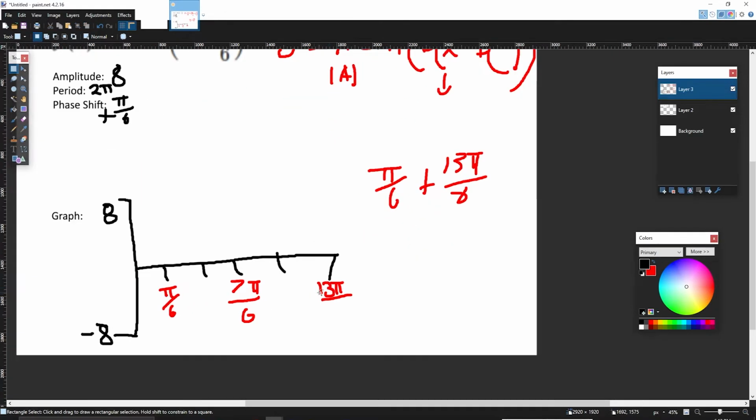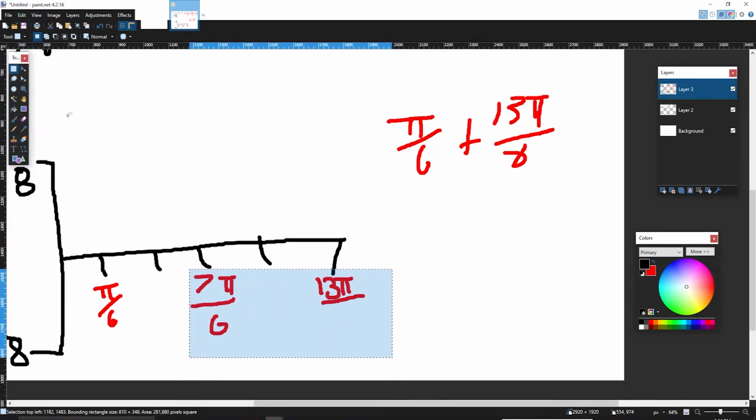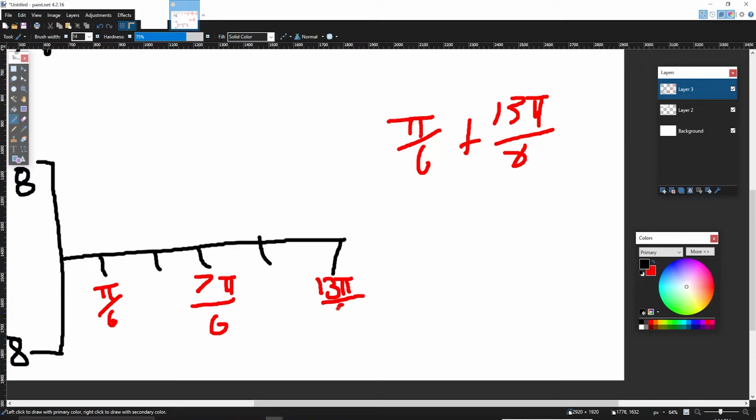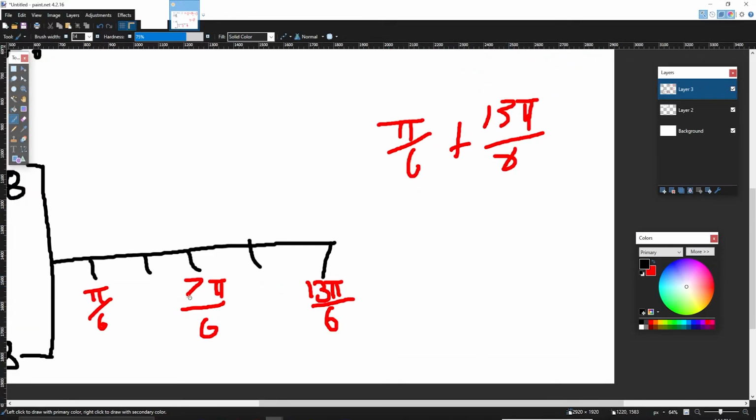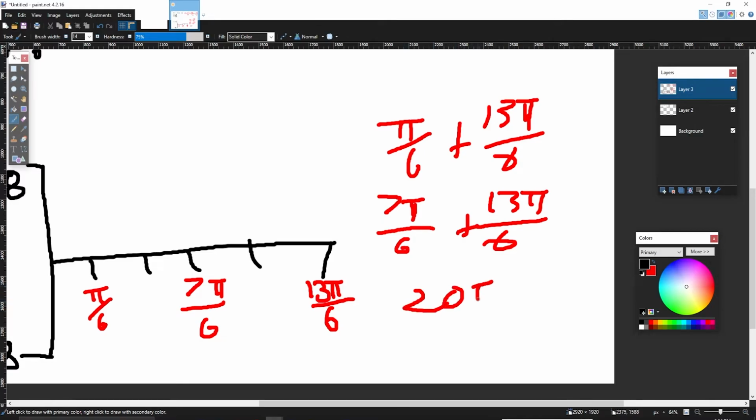Now, to find this value, we're going to rinse and repeat the exact same thing. Being 17 pi by 6 plus 13 pi by 6, giving us 20 pi by 6. And then we divide by 2, aka multiplying by 1/2, okay?